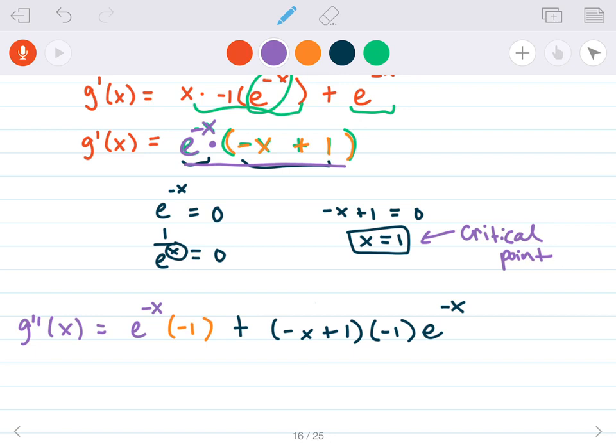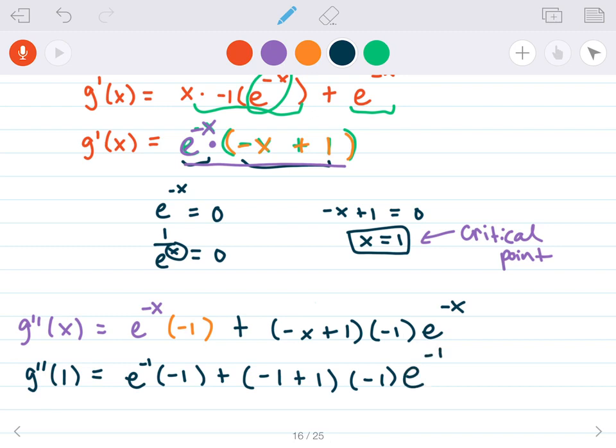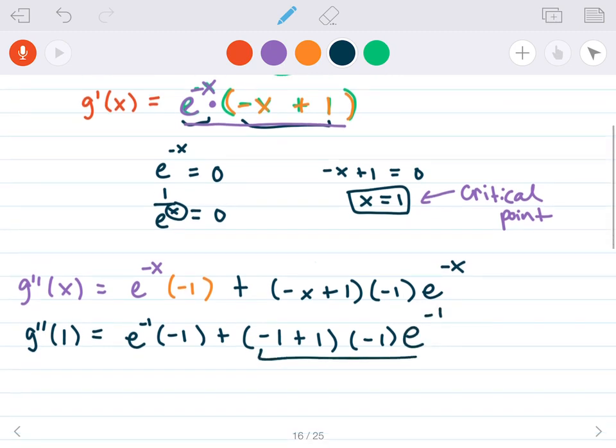So let's go ahead and plug in 1. This is the second derivative test, just plugging in 1 for x. Well, this is all going to clear to 0 because negative 1 plus 1 is 0.